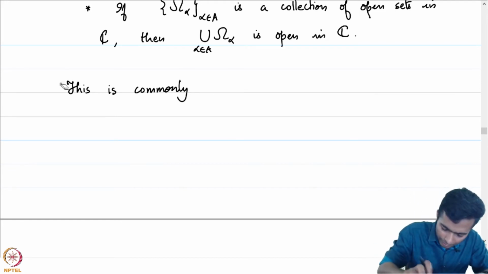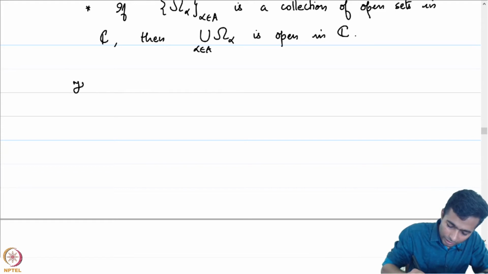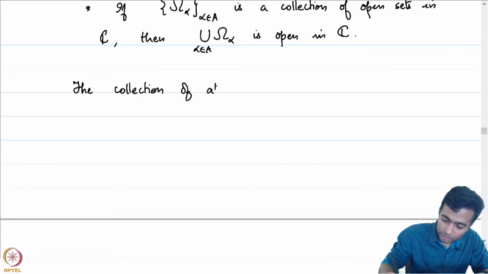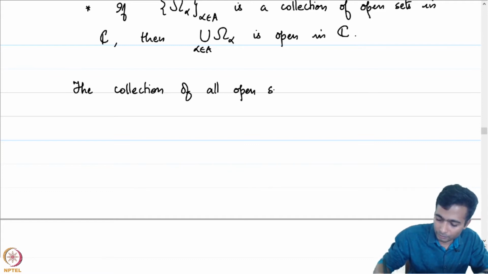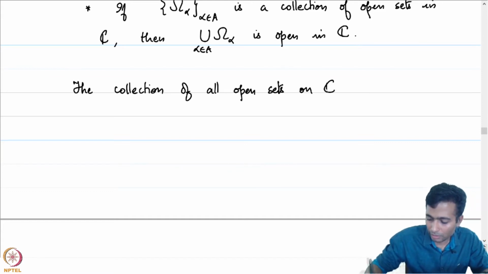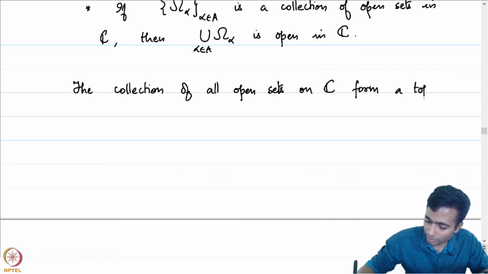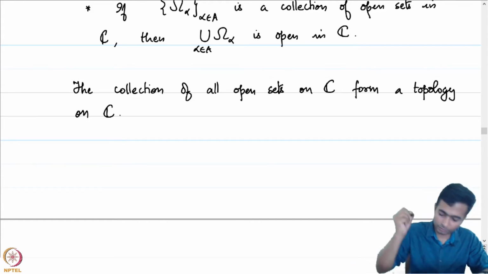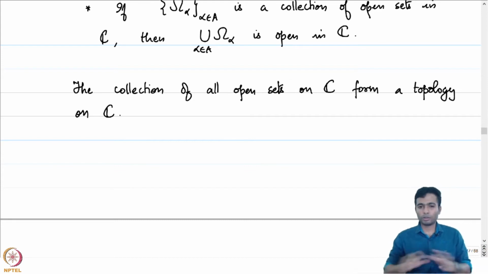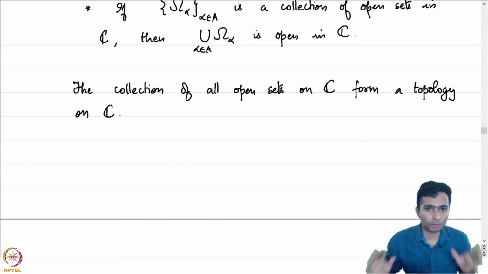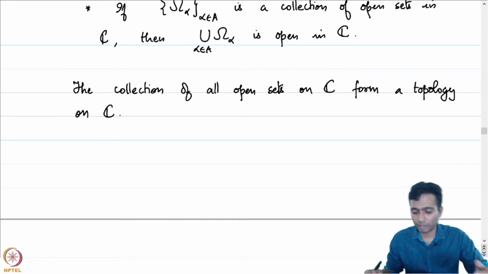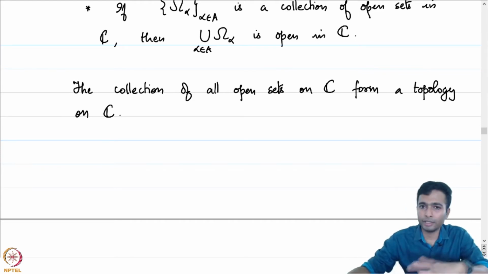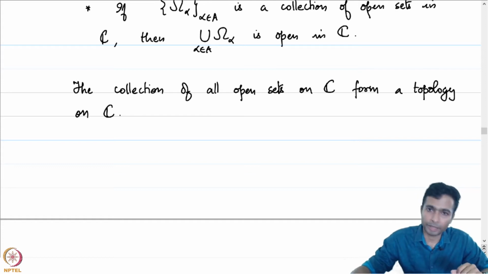So let me rephrase: the collection of all open sets on C forms what is called a topology on C. Our goal would be to work with this particular topology, meaning the collection of open sets which are defined using this particular metric.